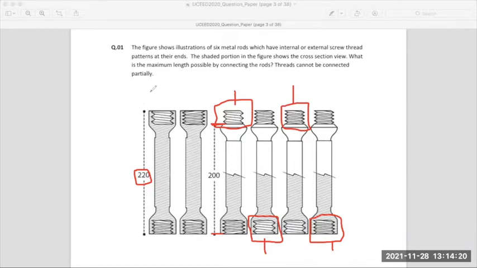It's not given that you have to use all, but what is given is what is the maximum length possible by connecting the rods. You may use all the rods, you may use some rods, you may partially use only a few rods, which is possible. Why? Because of the changing screw thread pattern.